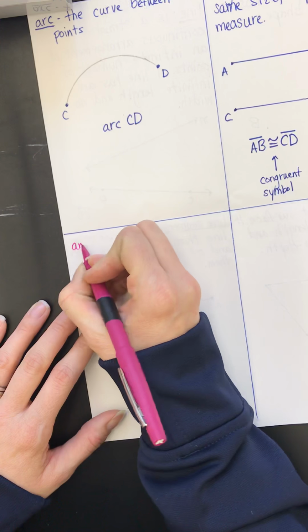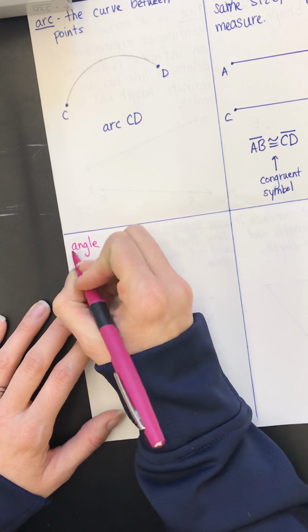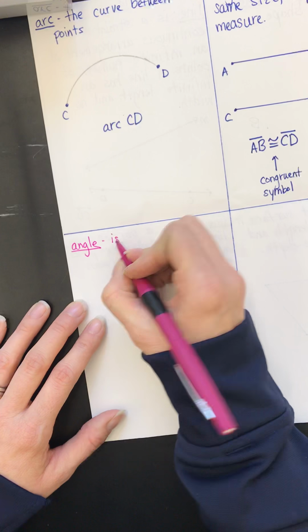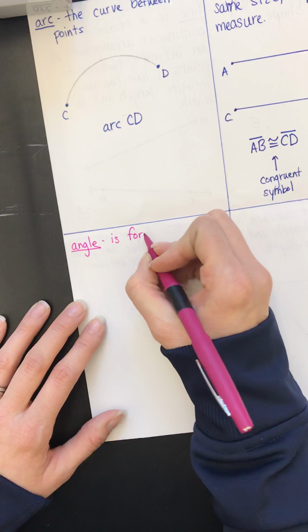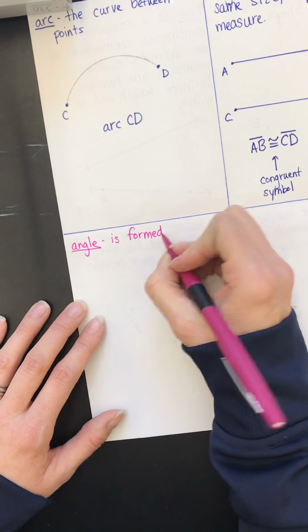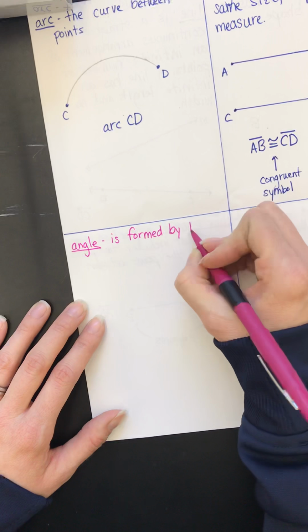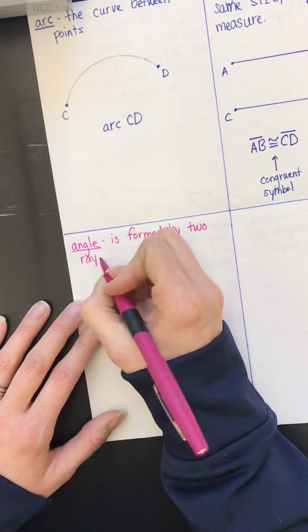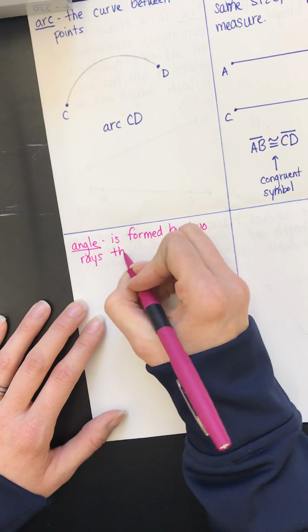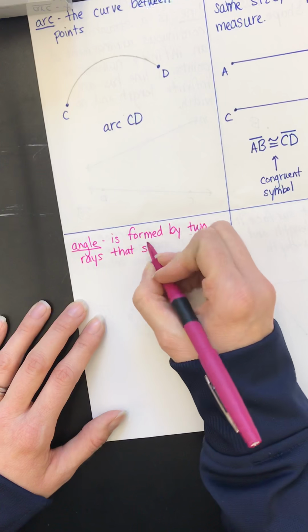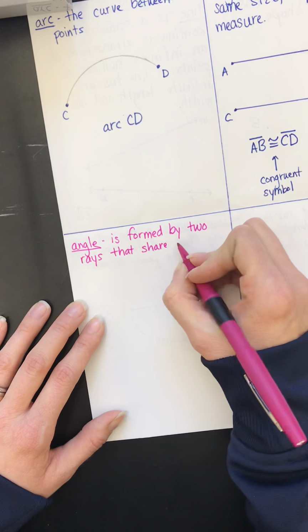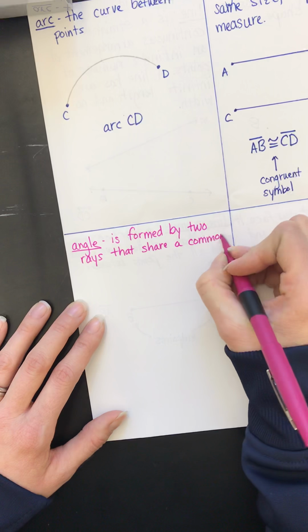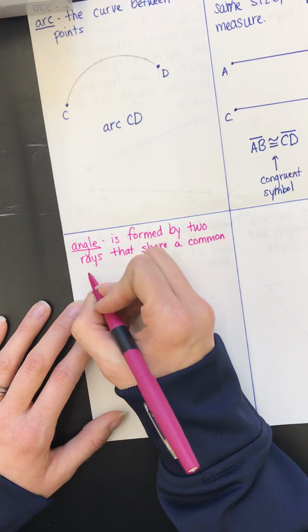An angle is formed by 2 rays that share a common endpoint.